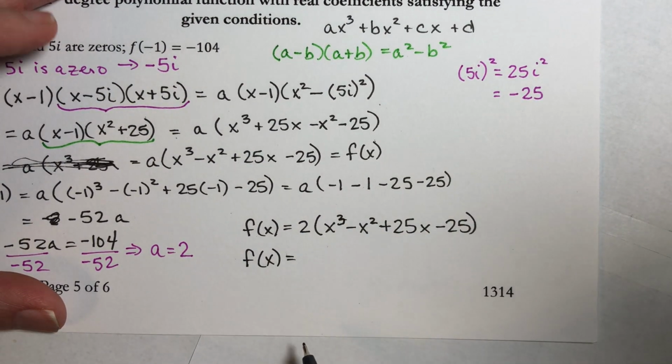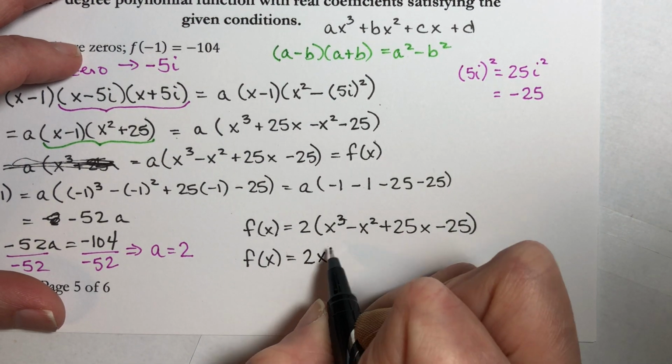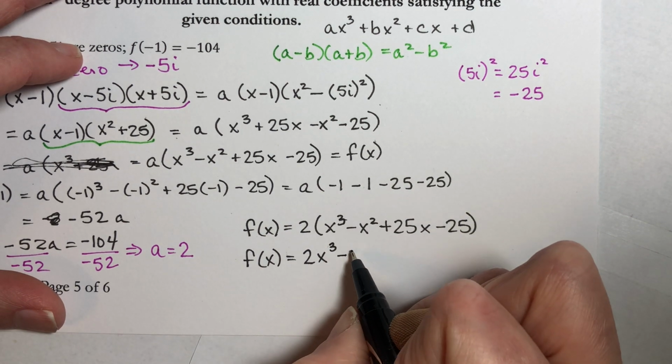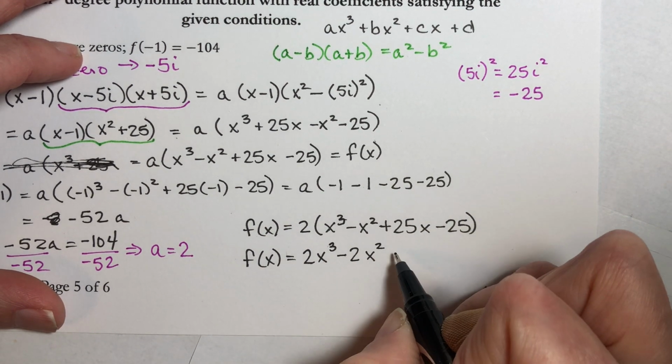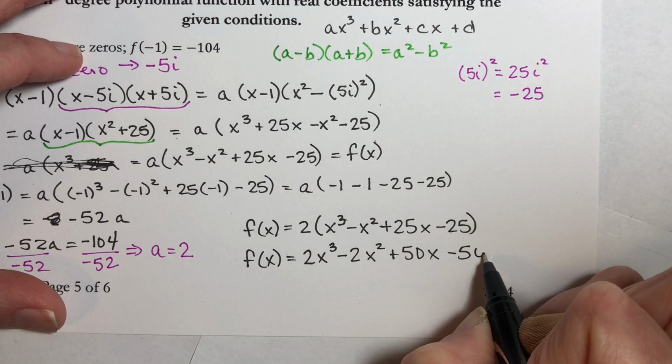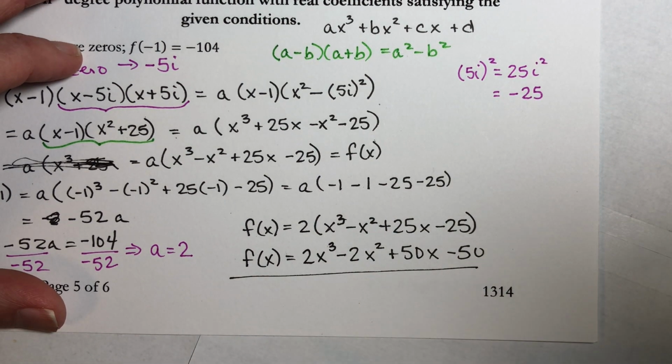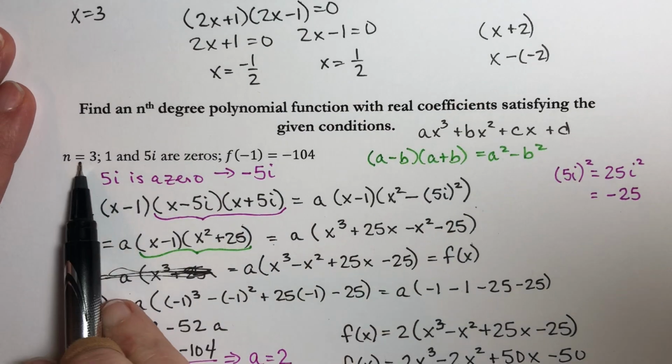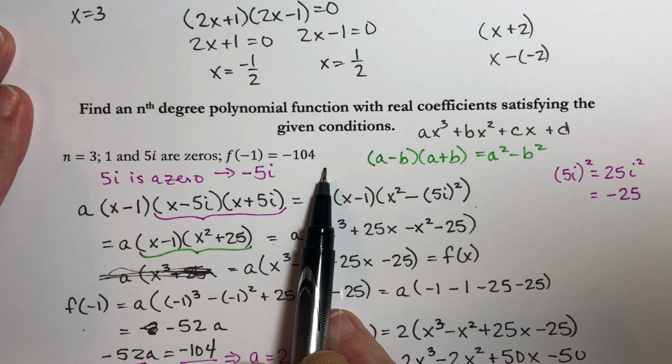That should be a cube there, miscopy. So that's 2x cubed minus 2x squared plus 50x minus 50. This is the answer they're looking for. This is the function that fits all of these criteria.